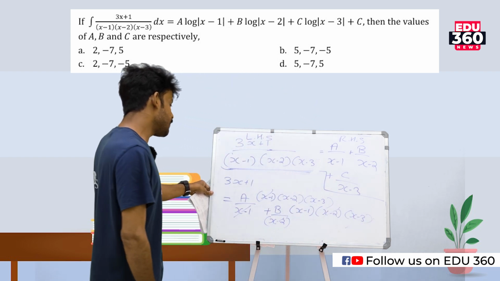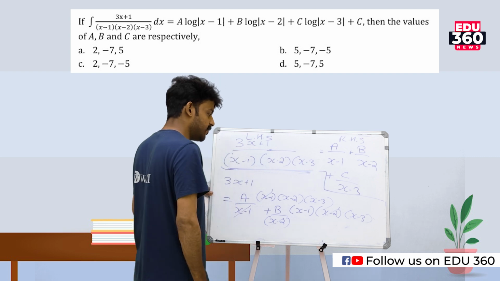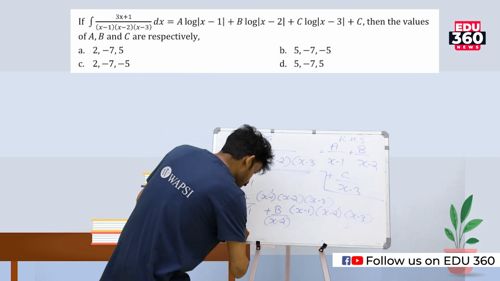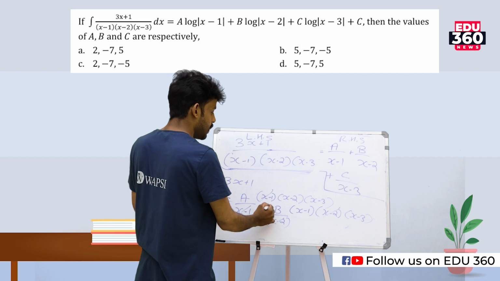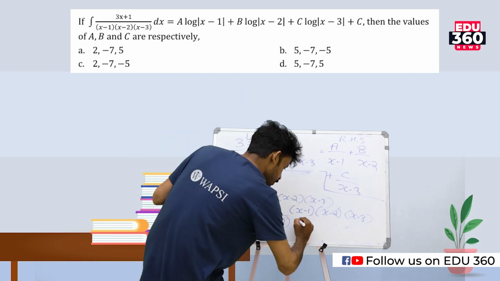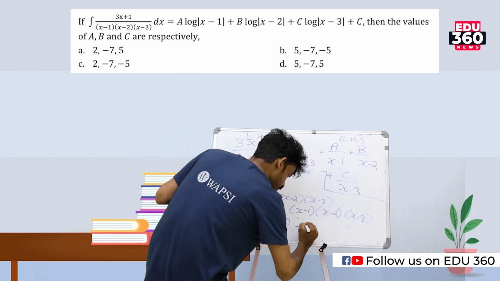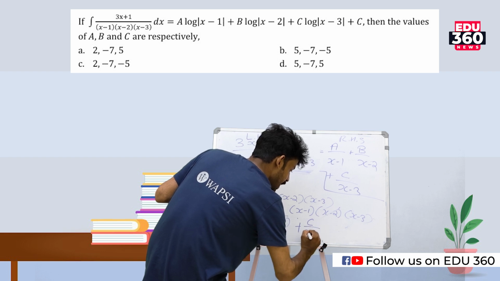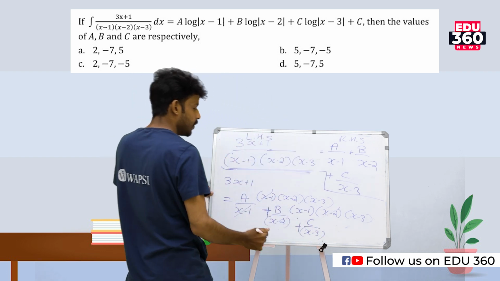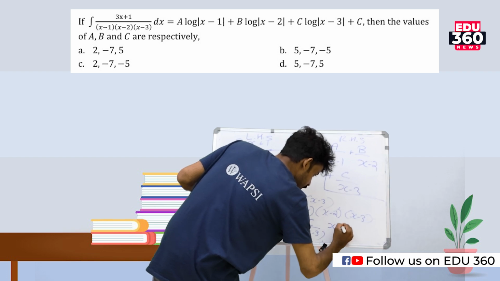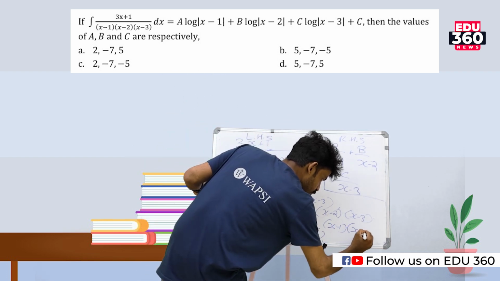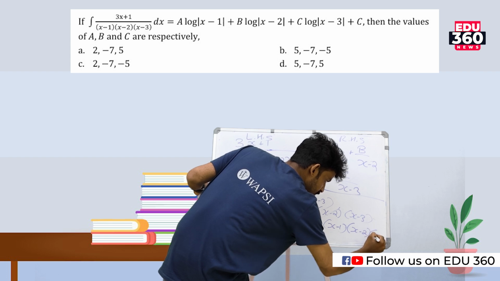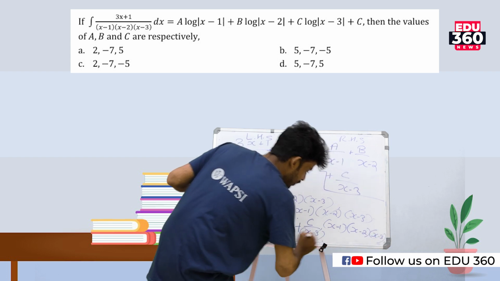Okay, in the same way we can write c. This is for a, b and c, plus c by x minus 3, and on multiplying by x minus 1 into x minus 2 into x minus 3, we can cancel this.